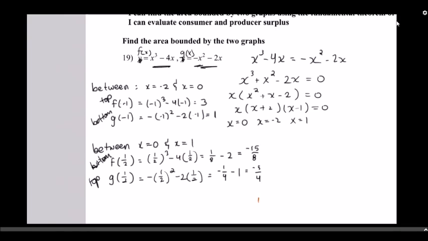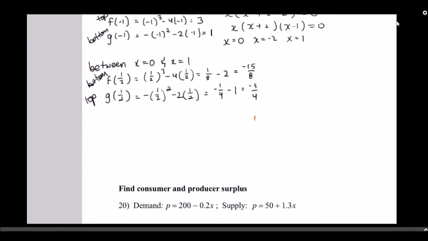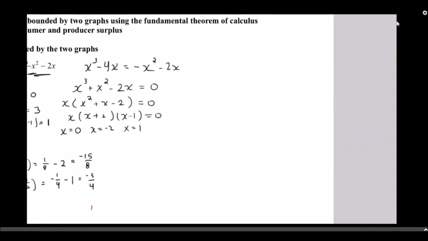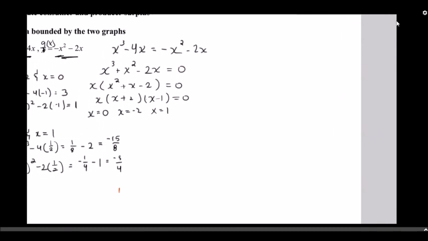And the reason that matters is when you're finding the area bounded by two graphs, the area in between two graphs, it's the integral of the top minus the bottom. So coming over here, the first integral, which was from negative 2 to 0, we need the top minus bottom.